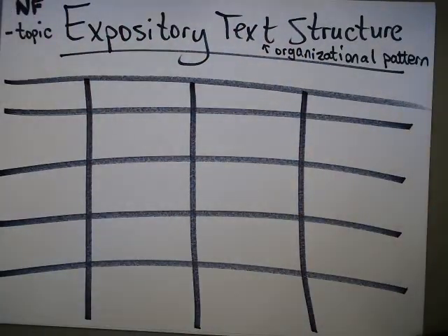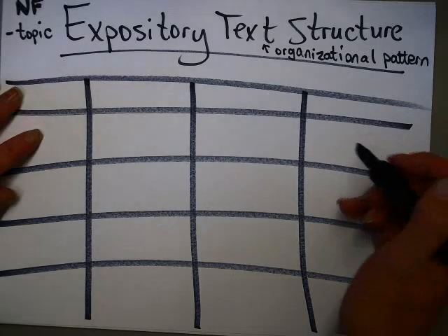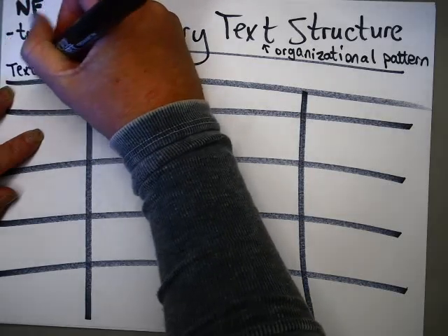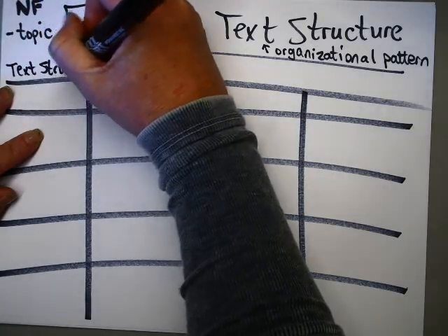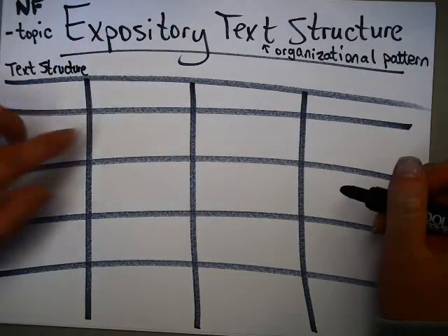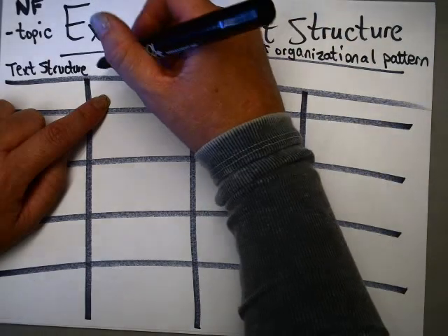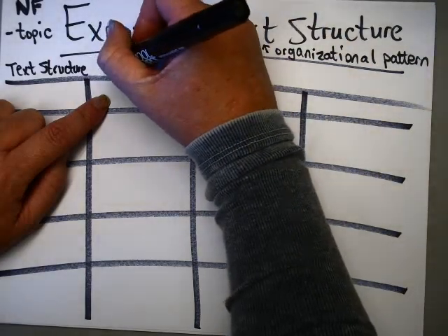So something kind of like this, okay? So the very first column we're going to talk about is the type of text structure. So just kind of up here put text structure. The next one is going to be kind of a description of what that text structure is. So we'll just put, what is it?